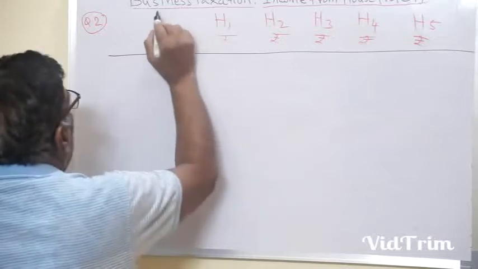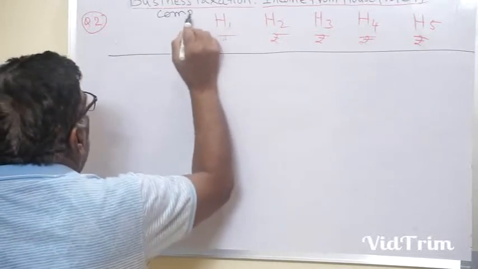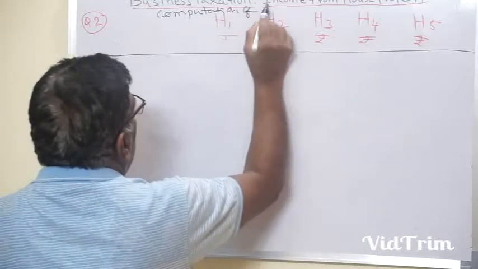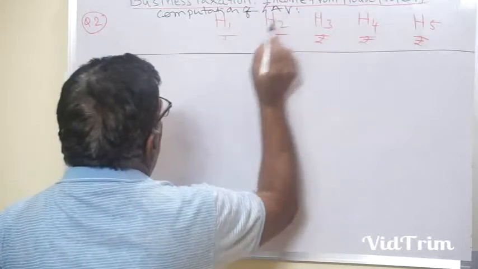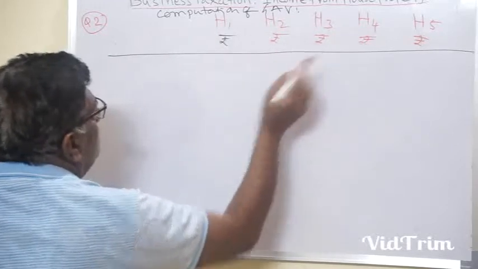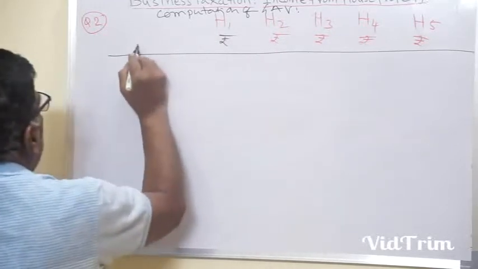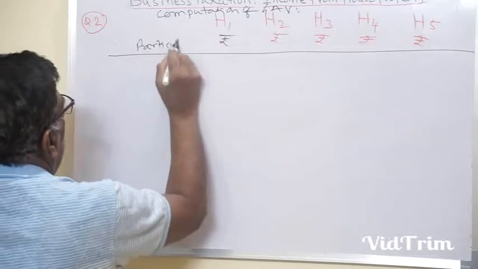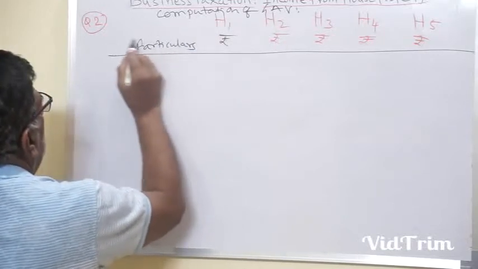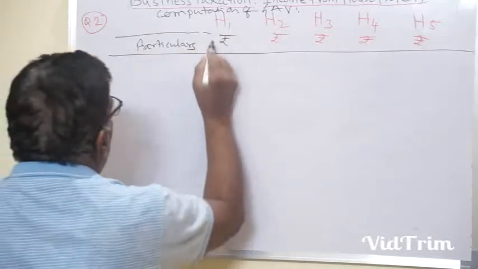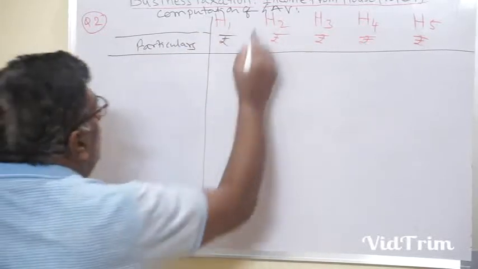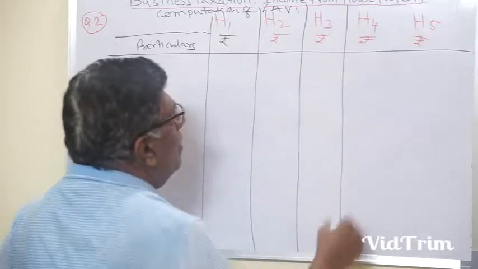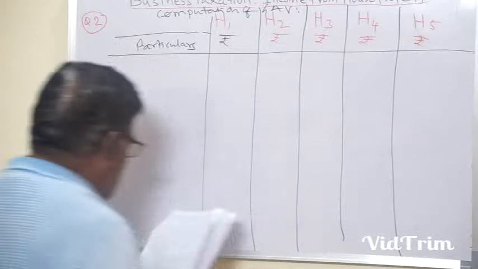Now the computation of the second question: gross annual value for these properties.